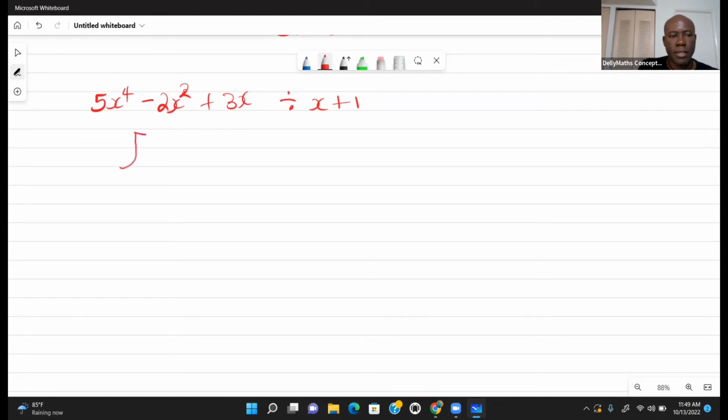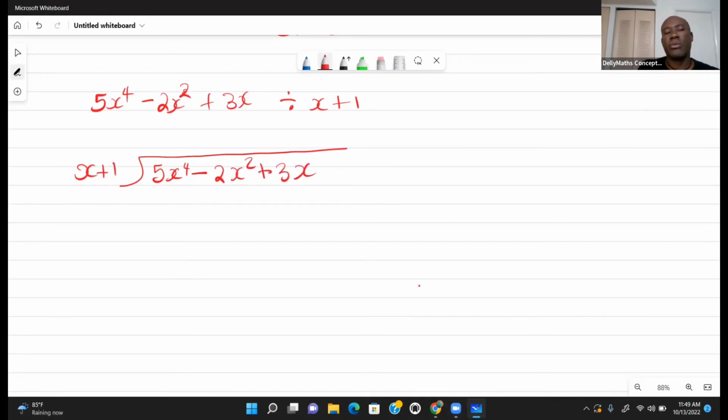So for long division, we'll set this up. Let's put the divisor out here as is. There we go. Let's go through. Remember though that this is the x term we leave. So x into 5x, we're only going to use the x to divide. But when we multiply, we multiply everything. So we start off by saying x into 5x to the fourth, we will get 5x to the third.